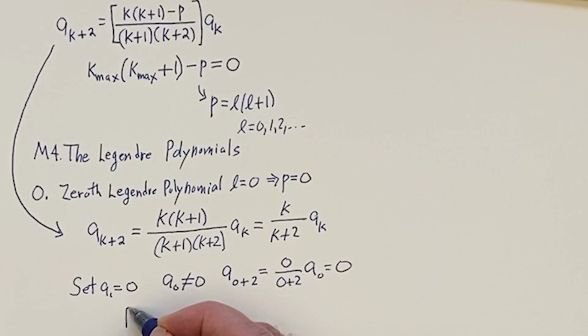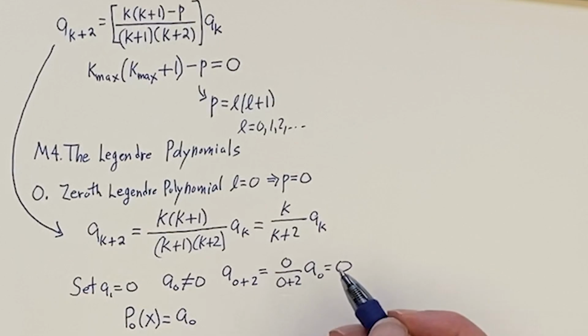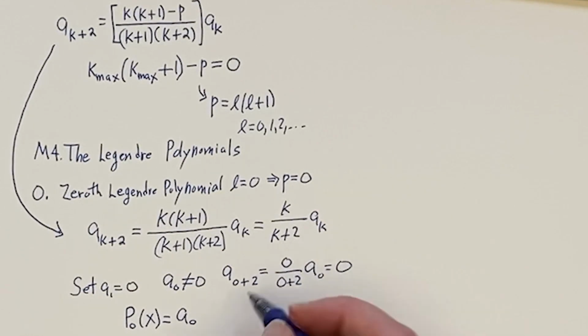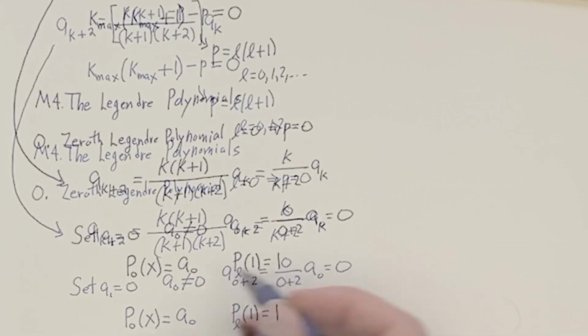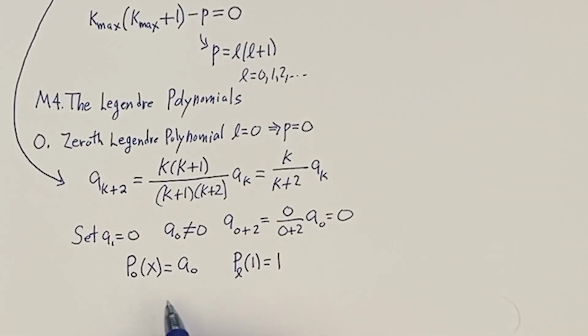So the polynomial for the 0th case is going to be A naught. Now the convention is, they want all the polynomials that have various L's, when they put in 1, they want that to be 1. That's the convention. So if you put in 1 for x, since that's a constant, that constant has to be 1.